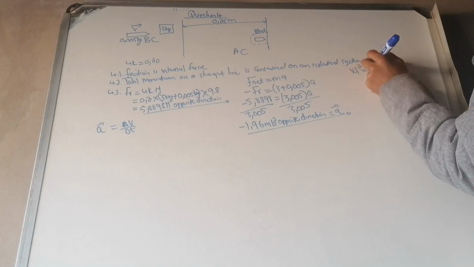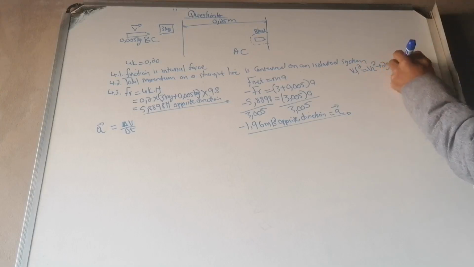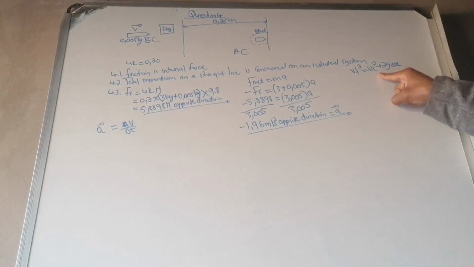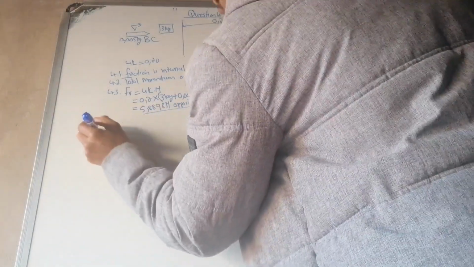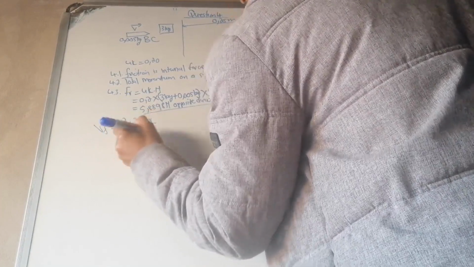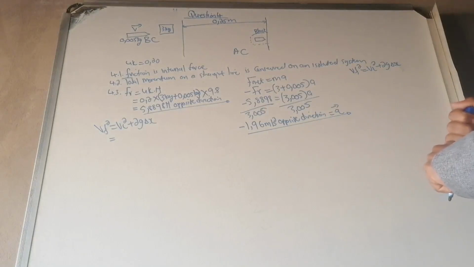So I am forced to use the equations of motion. Vf squared equals Vi squared plus 2a delta x, because this is on the horizontal x-axis. This is the formula that does not include time, so I can use this to find the final velocity. Initial velocity, what can we say initially about the situation there?